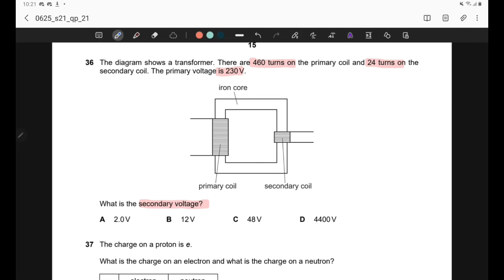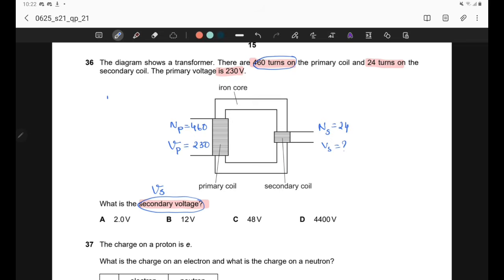So in this question we are provided with the number of turns in the primary coil, that is Np is 460, and the number of turns in the secondary coil, that is Ns, is 24 turns. Then the voltage at the primary coil, Vp, is also given, 230. We have to calculate the voltage at the secondary coil. So Vs we need to calculate.